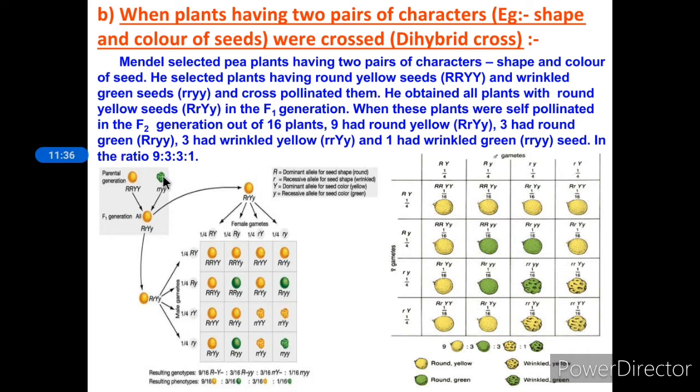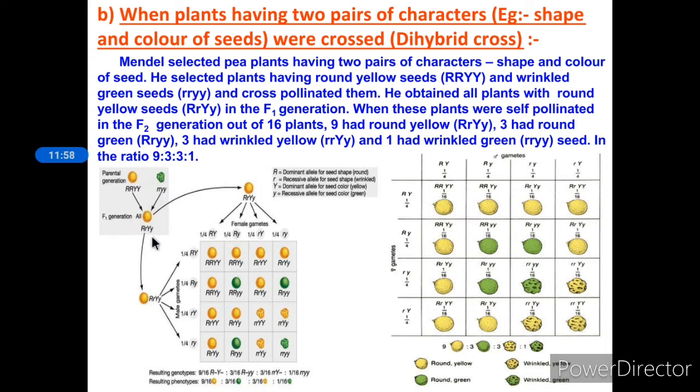When these plants were self-pollinated, in the F2 generation, out of 16 plants, you can see here the capital R's and capital Y's crossed with small r, that is the wrinkled green and round yellow.